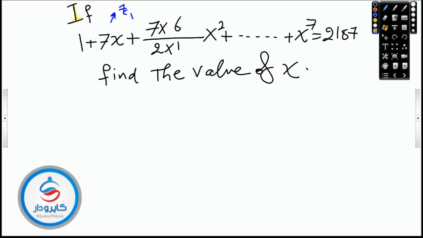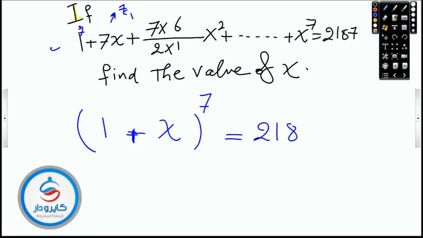Okay, so this is an expanding of a binomial. The binomial is made of two things. What is the highest power here? I don't know. What is the highest power here? 7. So I can write it like this. So the highest power in the expansion is 7, so our n will be 7. Second thing: are all terms positive, or do we have one positive and the other negative? No, all terms are positive, then the middle sign will be positive. The first term is 1, the second term is x, equals 2187.